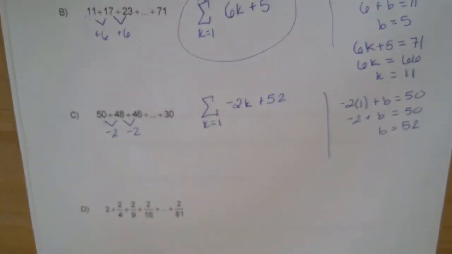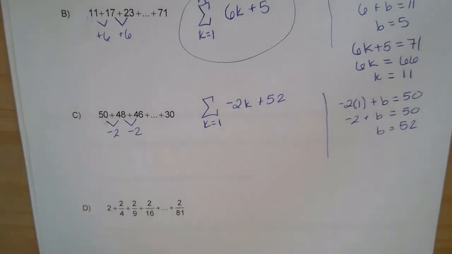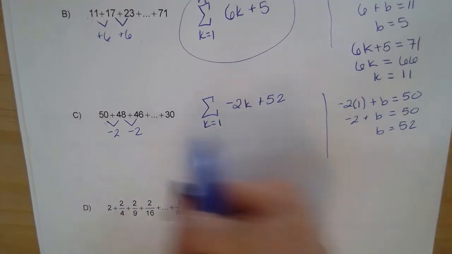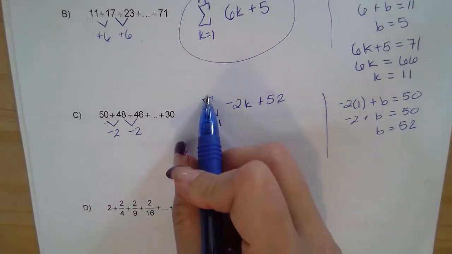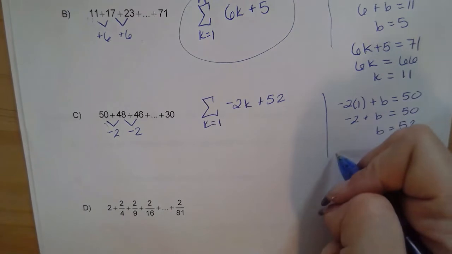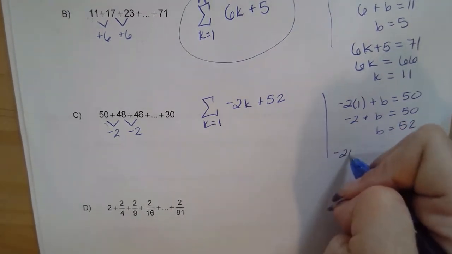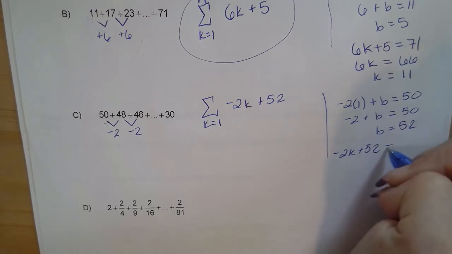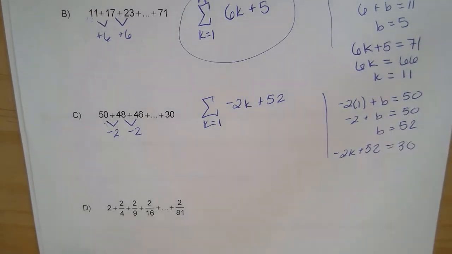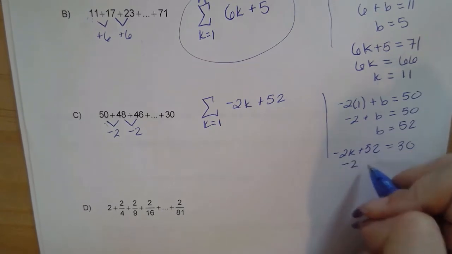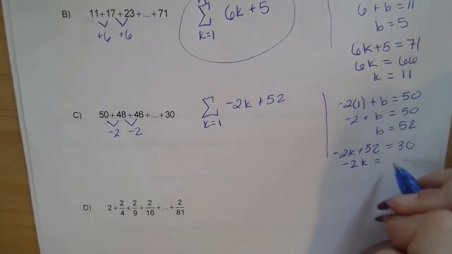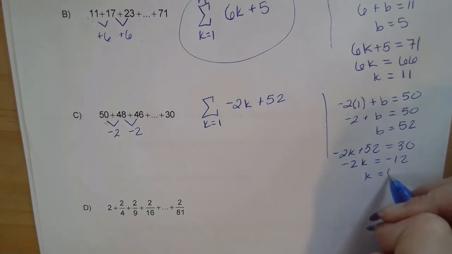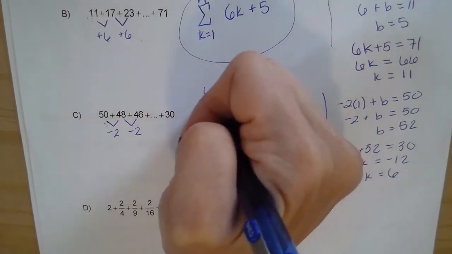Now to figure out what term we end at, remember the value is 30, but we need to remember what term number it is. So I set my formula here to 30. And then I solve. So negative 2k equals negative 12, and k equals 6. And we are done.